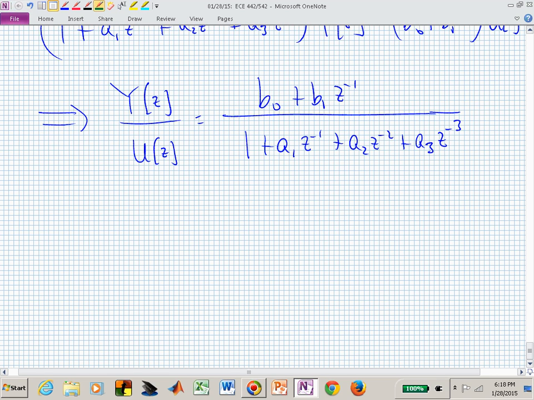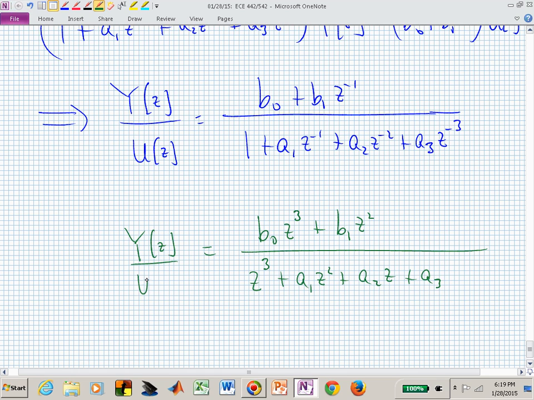Meaning this could now be rewritten as b sub 0 z cubed plus b1 z squared all over z cubed plus a1 z squared plus a sub 2 z plus a sub 3. And that's an equivalent transfer function for that system modeling that difference equation, that third order difference equation.